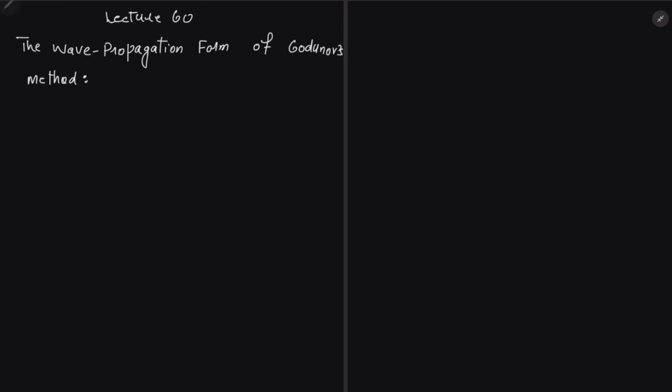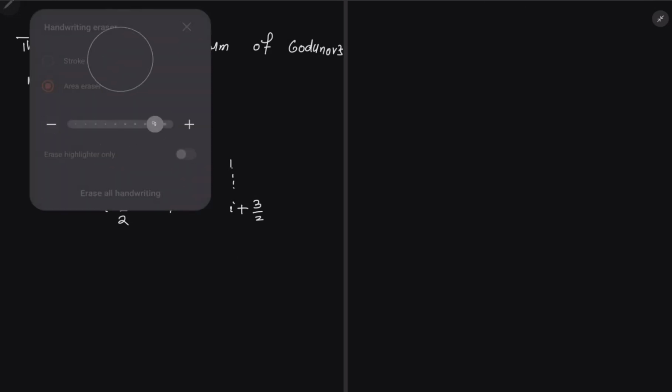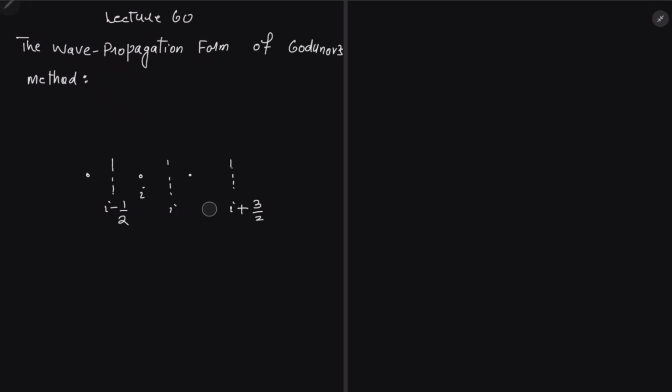Suppose that we have a cell number i, then we have i plus 1. If this is cell i, then this is cell face i minus 1/2 and i plus 1/2, and this is i plus 3/2.